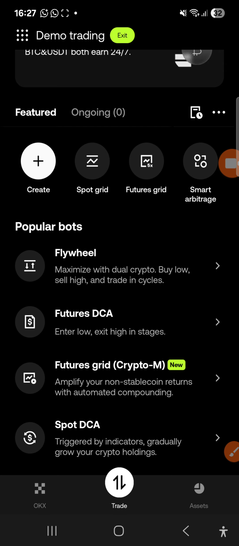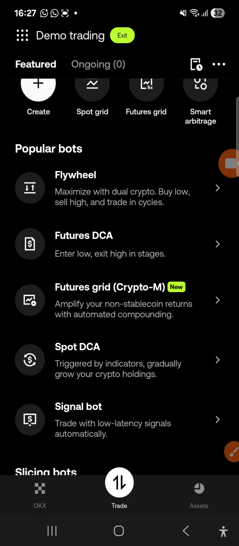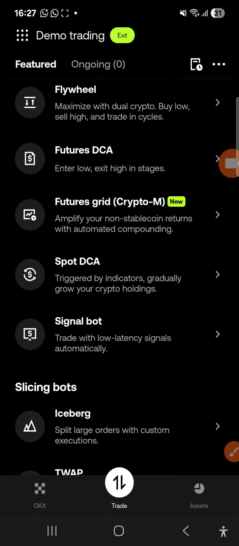We have the bot which is called Flywheel. Another is called Futures DCA. Another one is called Futures Grid. Another is called Spot DCA and Signal Bot.